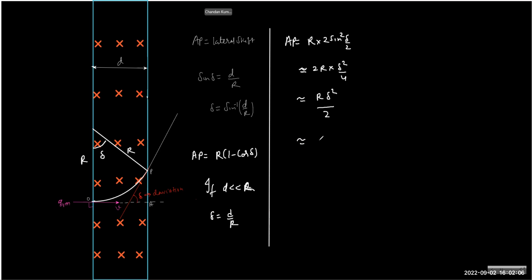Correct. So the lateral shift you write as D square by 2R. Yes, sir. Okay. So these are the questions that will come across from the transverse field.